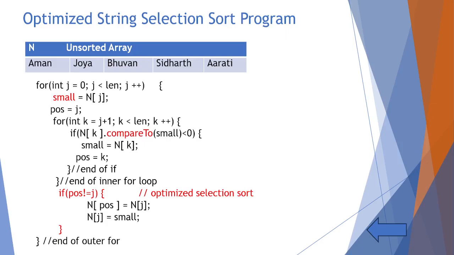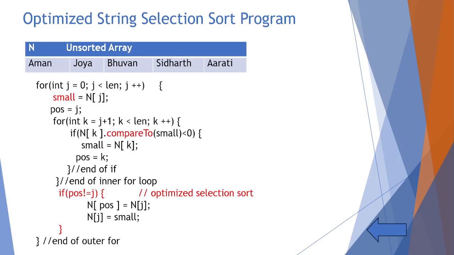If it returns 0, that means both the strings, that is n of k and small, are exactly the same. But if it returns less than 0, any negative number, that means the first string, that is n of k, is smaller than the string small. If it returns greater than 0, that means n of k is greater than small, the string variable.